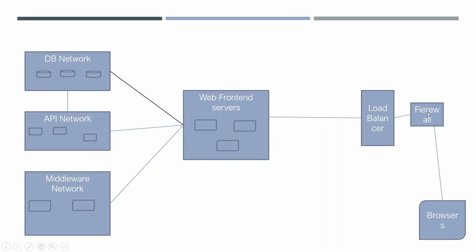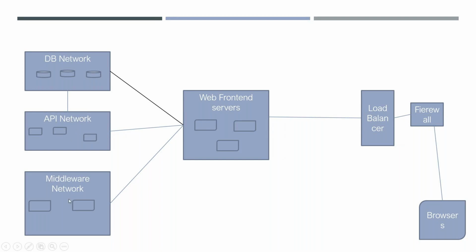When you hit that URL, it will go and hit some firewall of your company, and that company might have a load balancer, because you will have multiple web servers. If it is one web server, it cannot handle the load. From here you will have database servers, API servers, and middleware servers as well.